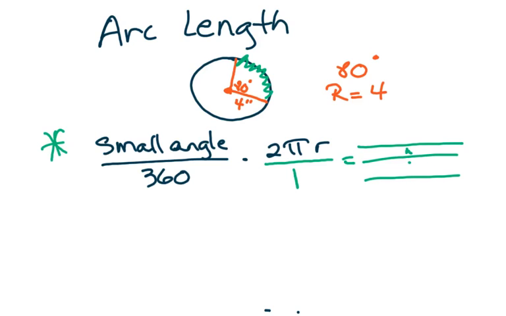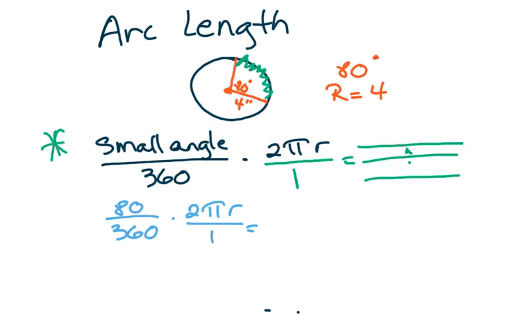Okay, so let's try this. The small angle is 80 degrees. So 80 degrees divided by 360 times 2 pi r, all divided by 1.